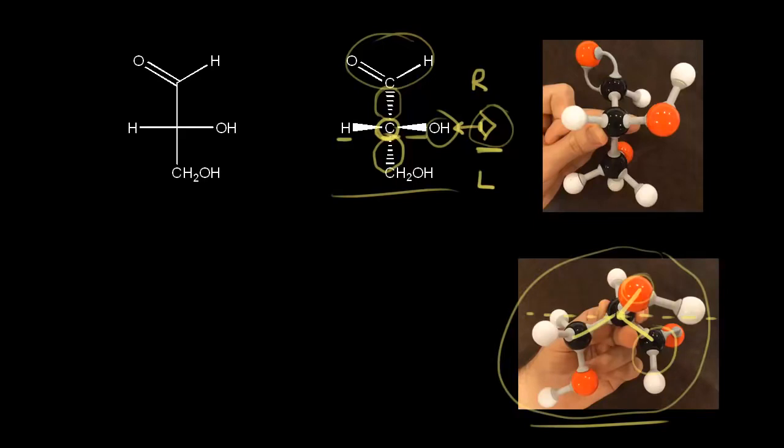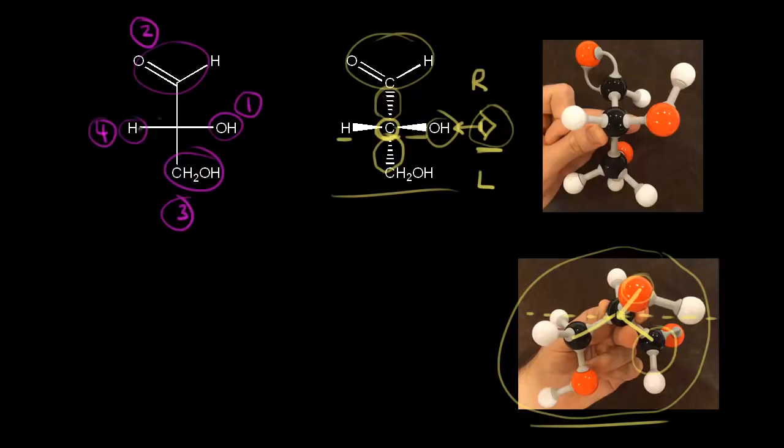The second method is, in my opinion, even easier, and this is the way that I usually use. We already know that the OH group gets the highest priority, so that's a number 1. The aldehyde got a number 2, the CH2OH got a number 3, and the hydrogen got a number 4. So the trick I showed you in earlier videos is to ignore the fact that the hydrogen is actually coming out at you in space.